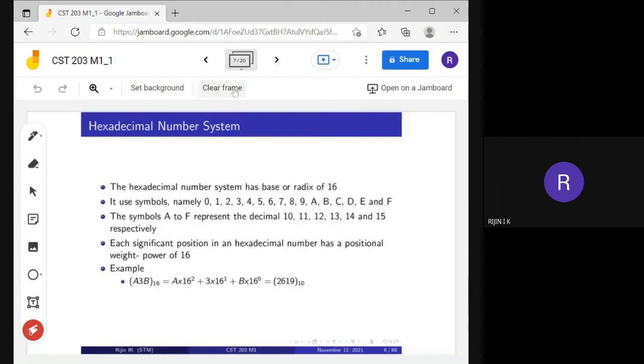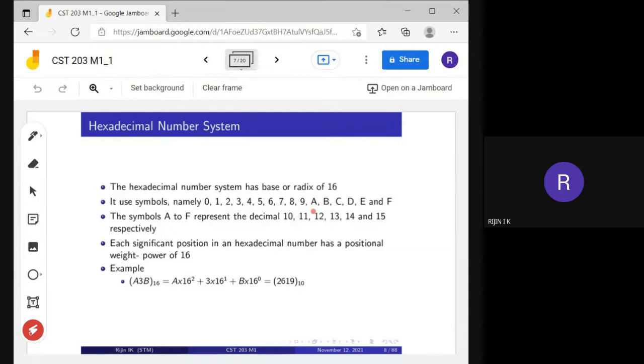Then the last one was the hexadecimal number system. What is the hexadecimal number system? In the hexadecimal number system, we use 16 symbols for representing a number. That is 0, 1, 2, 3, 4, 5, 6, 7, 8, 9.